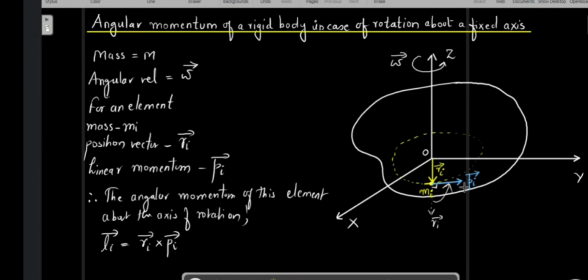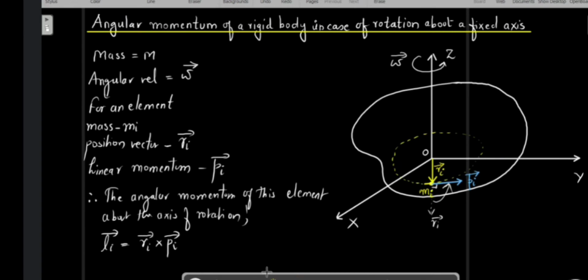You will see that the thumb is pointing on top, which is going to be the direction of the Li vector, which is along the z-axis. That is the rule to find the direction of the cross product.